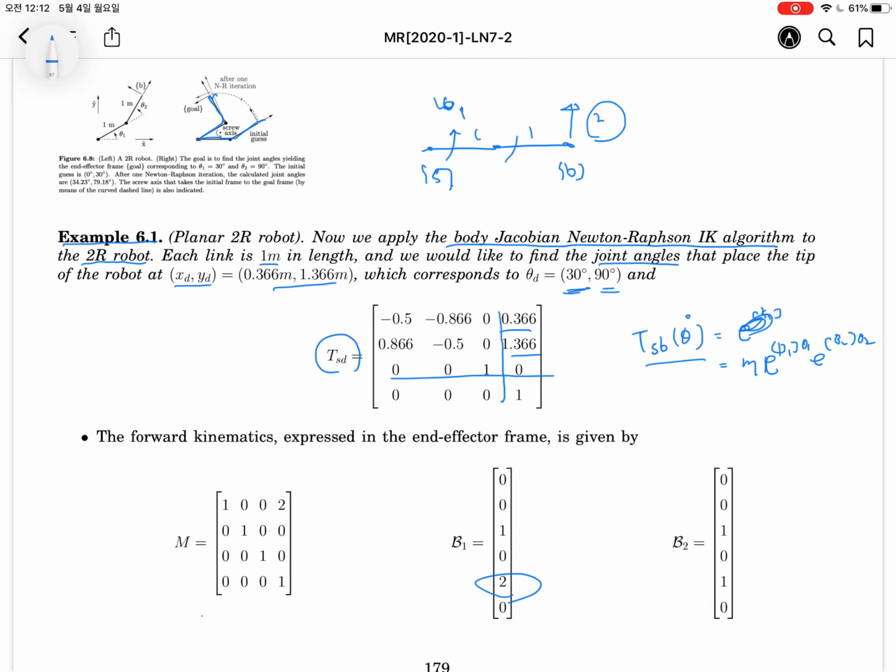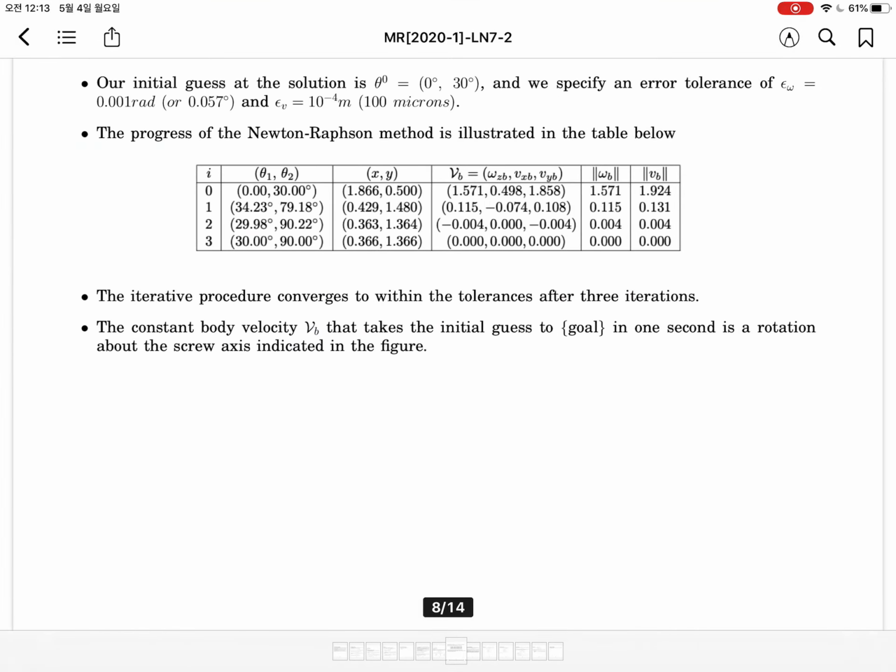So 2 will appear here. And this omega 2 as a 1 will be applied, then we have the y direction as a 1 unit, like this. And the final position will be 2, 0, 0. So the position is like this. The initial and the final frames are aligned with each other in the same form.